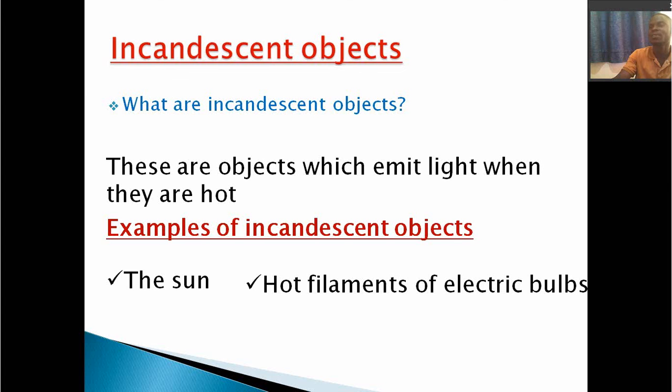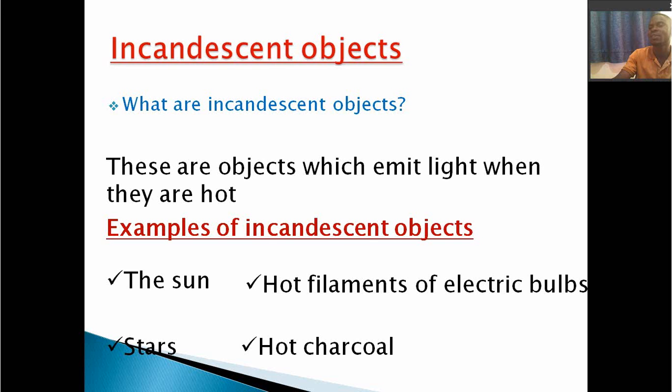Then the stars in the skies are also examples of incandescent objects because they emit light when they are hot. Then the hot charcoal, the one you use for cooking. When you light the charcoal stove, it emits light.